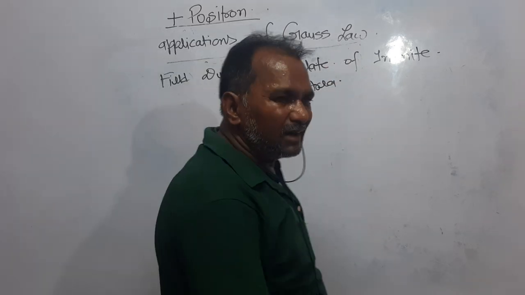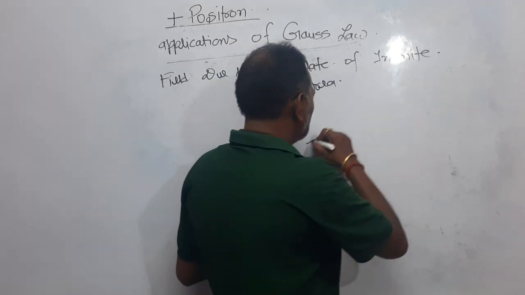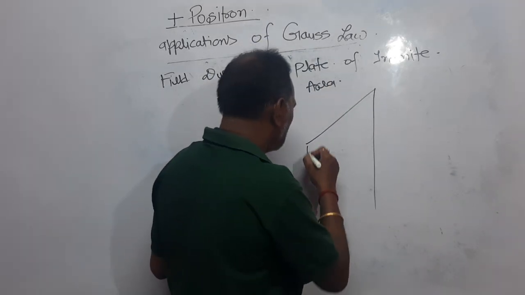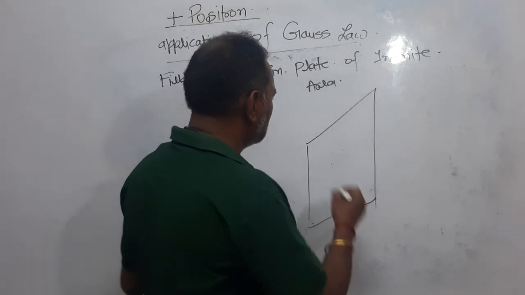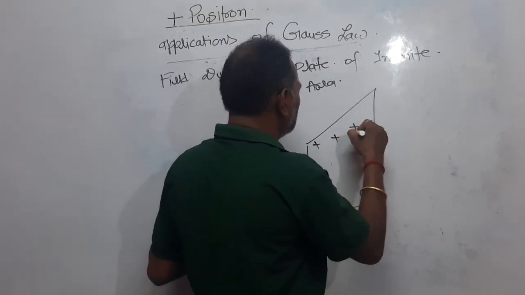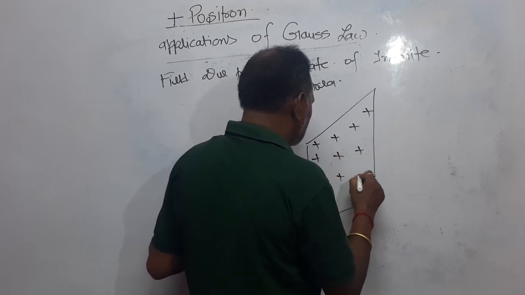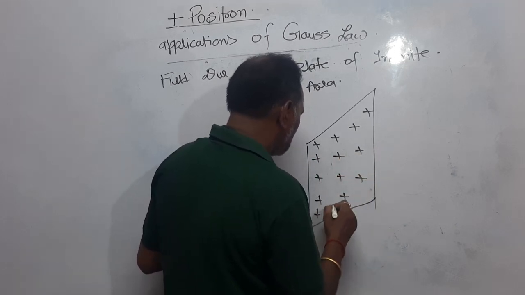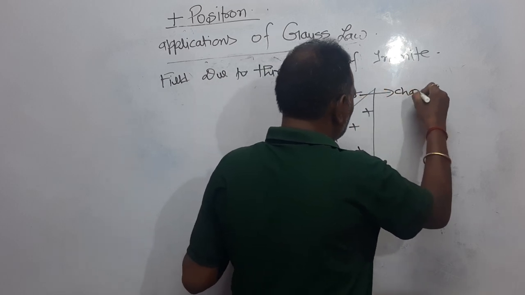A very thin plate of infinite area like this. This is a large plate, a plate of large area on which charge is distributed uniformly, which means sigma is the charge per unit area.